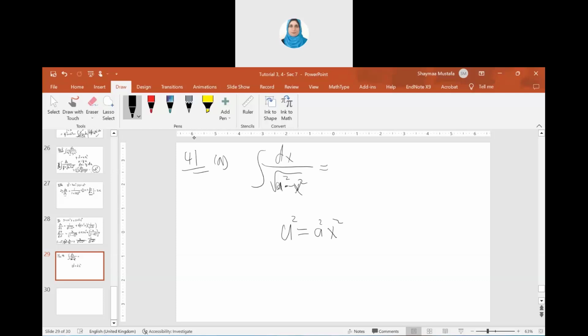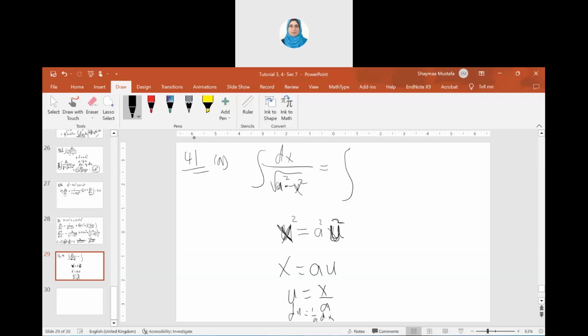You need to take x squared equal to a squared u squared, so x will be a u, then u is x over a. This is your substitution. So now du is 1 over a dx.